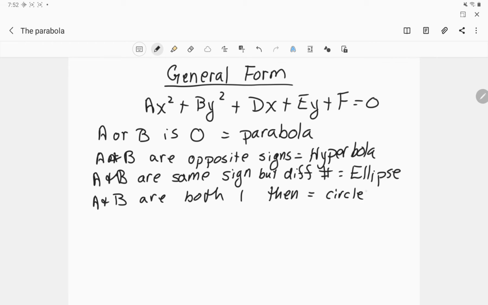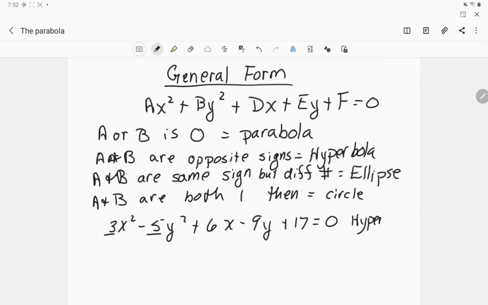So I should be able to give you something like, I don't know, 3x squared minus 5y squared plus 6x minus 9y plus 17 equals 0. And if I asked you what shape is that, because your x squared is positive but your y squared is negative, they're opposite signs, this is a hyperbola. And I didn't have to do any work, I just had to look at it.